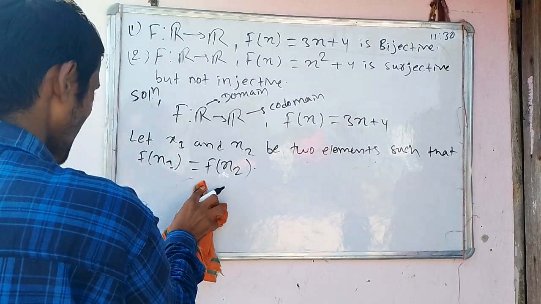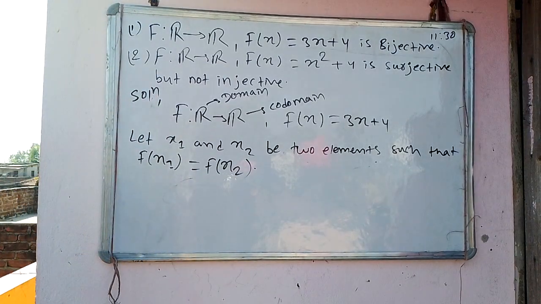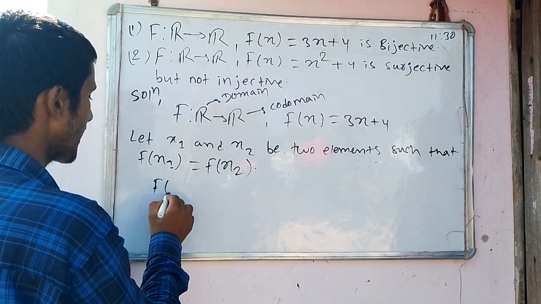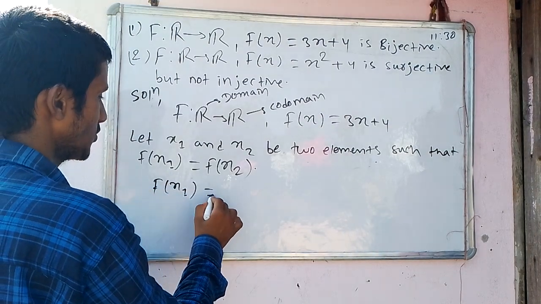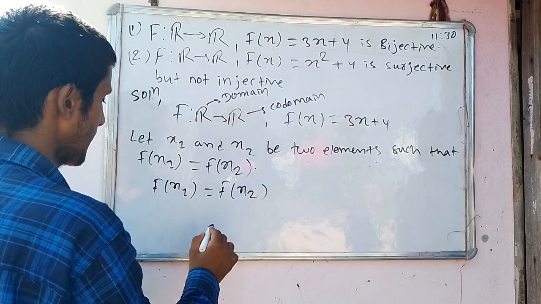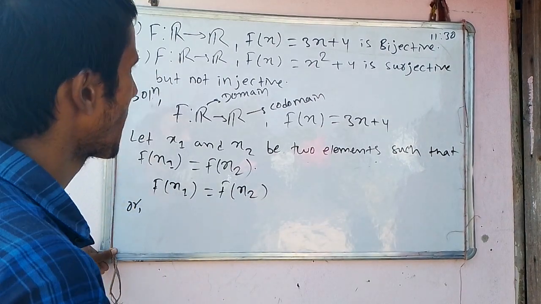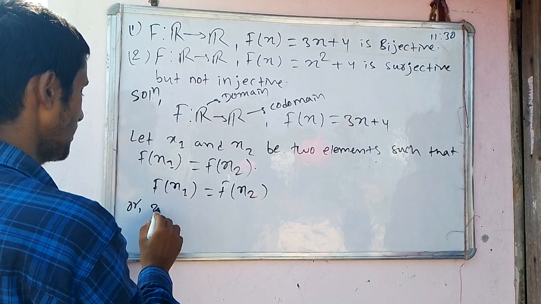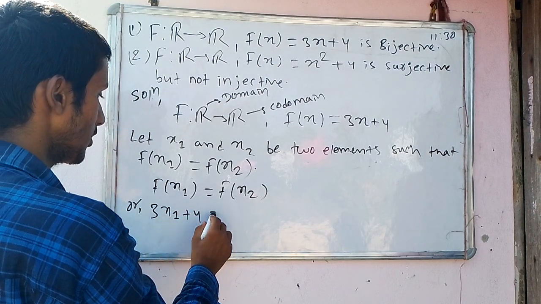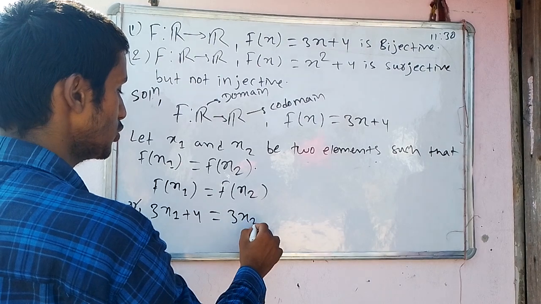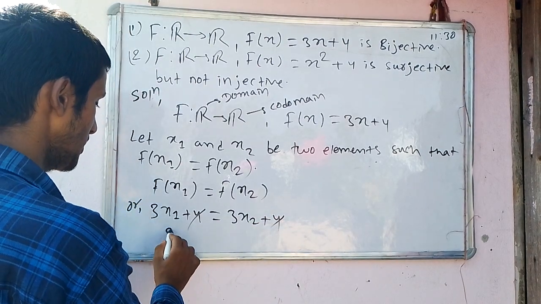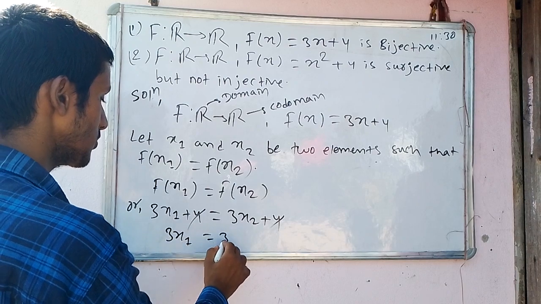Okay. So what are we going to do next? So we're going to solve for this. f of x1 is equal to f of x2. And what is going to be f of x1? 3x plus 4. So it's going to be 3x1 plus 4 is equal to 3x2 plus 4. Okay, 4 cancels out. And you're going to have what? 3x1 is equal to 3x2.